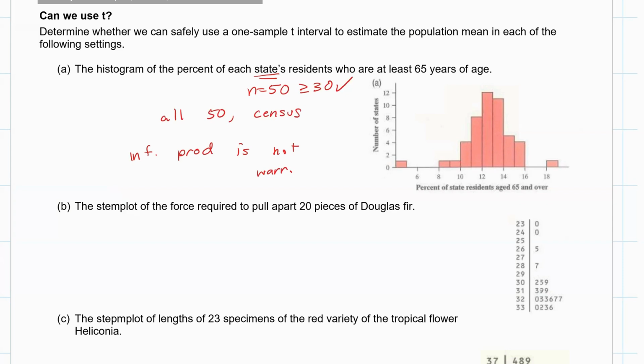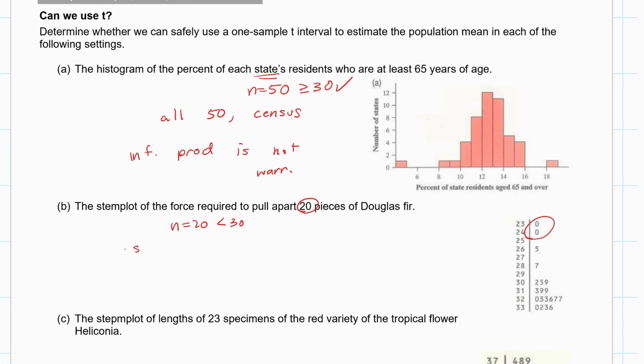It says a stem plot of force required to pull apart 20 pieces of Douglas fir. Okay, well, you got 20. Well, 20 is certainly less than 30. And what our procedure says is that we could tolerate some small skewness, but not strong skewness and outliers. Well, boy, these look like outliers.